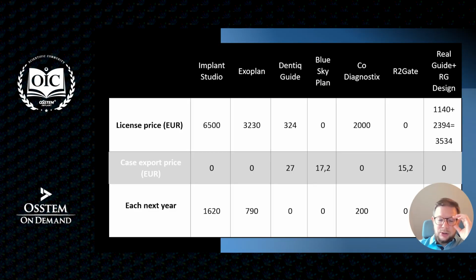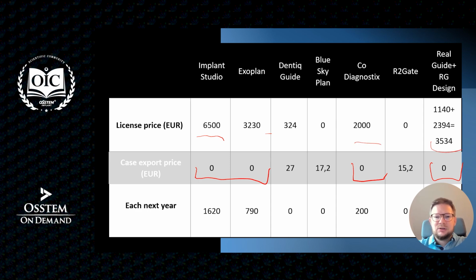To compare it, have a look at the comparison of the prices. As I mentioned, with the licensed software we don't have any payment for export. However, the initial cost could be quite high, like over 600 euro, over 300 euro, 2000 euro, or also over 300 euro.